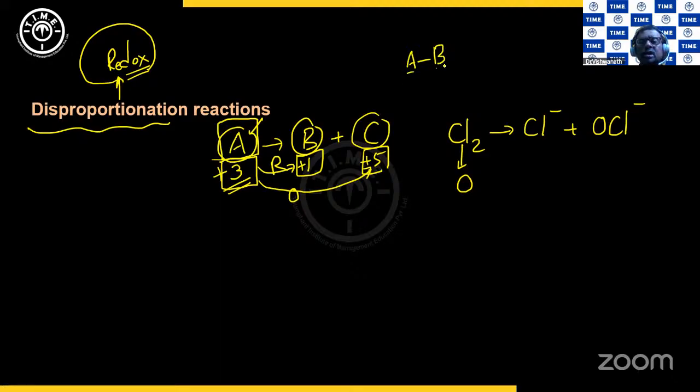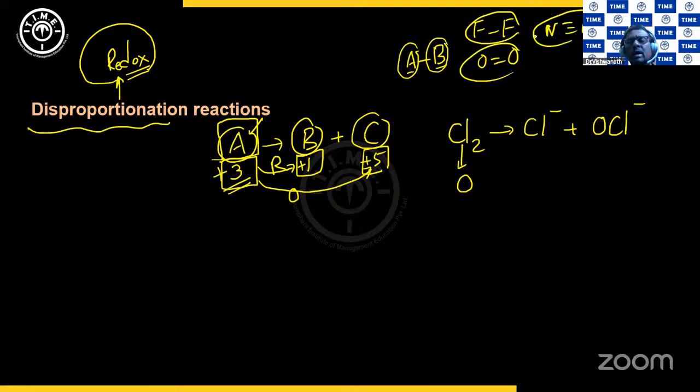A and B are dissimilar. Then A will have an oxidation number, B will have an oxidation number. But you will not have an oxidation number for A attached to A, or O attached to O, right? Or nitrogen attached to nitrogen, right? When it is the same element, even in a molecule, then it is 0.